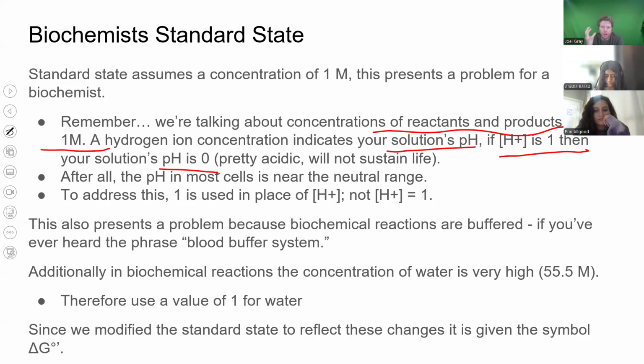In some membrane-bound organelles, it's going to be different from that. But the point is, whenever a biochemist is trying to establish a standard, they can't use that. So instead, 1 is used in place of the hydrogen ion concentration. So you don't do the calculation where you say the hydrogen ion concentration is equal to 1.